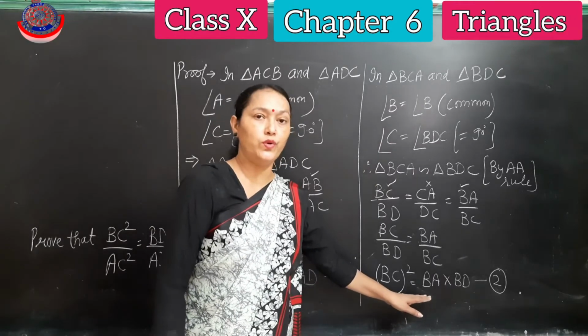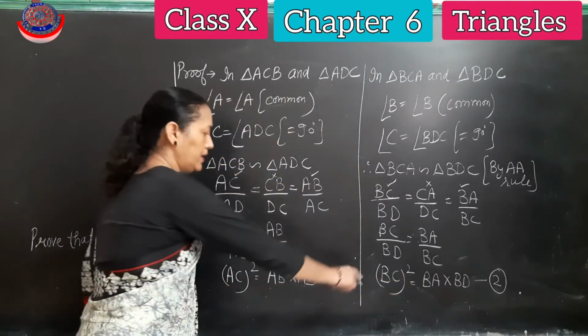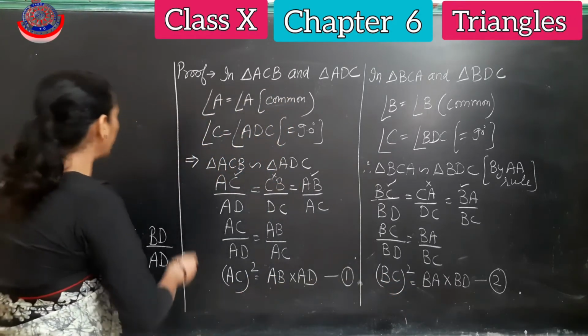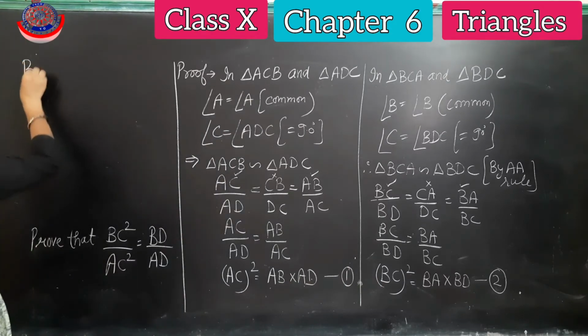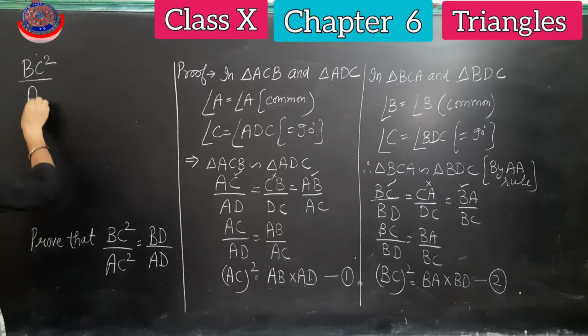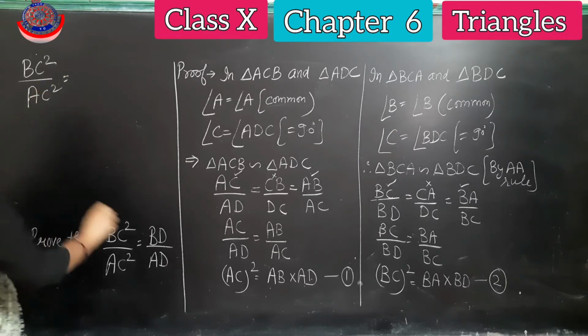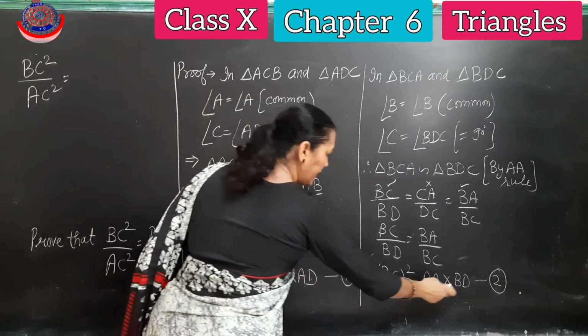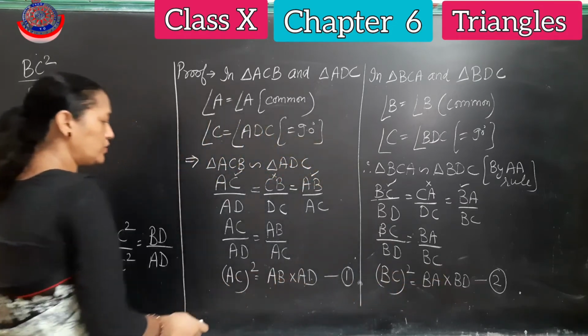Dividing equation 2 by equation 1: BC square upon AC square is equal to BA into BD upon AB into AD.